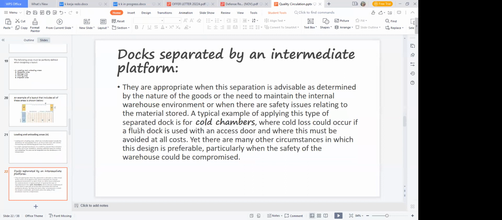There is a dock separated by an intermediate platform. Sometimes the distance between the arrival dock and the shipment dock is very far, so we have to come up with a very good decision and plan about the dock location. The safety of the warehouse could be compromised. The element of safety is very important.